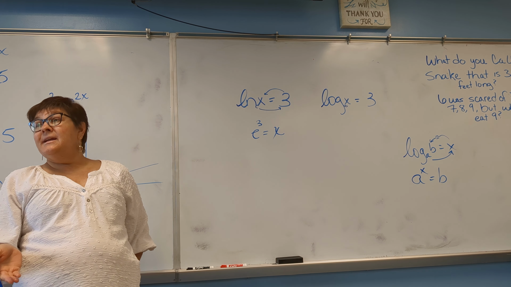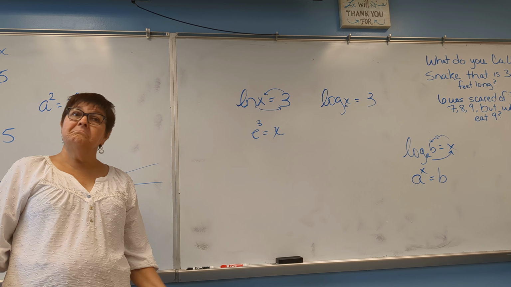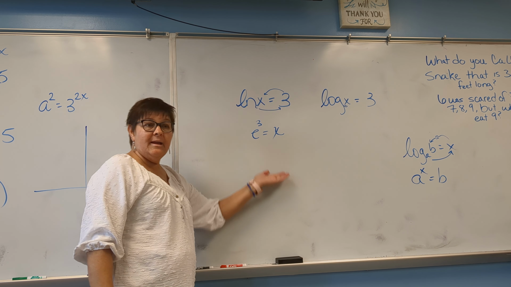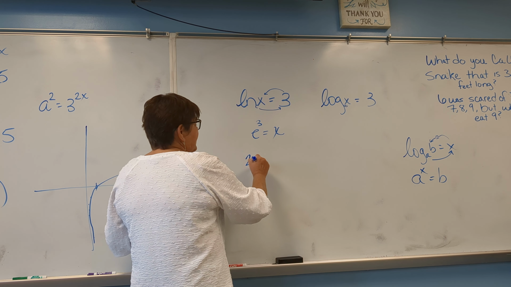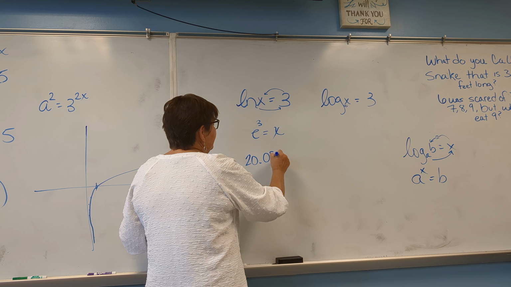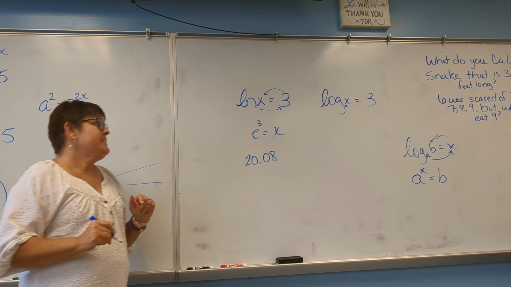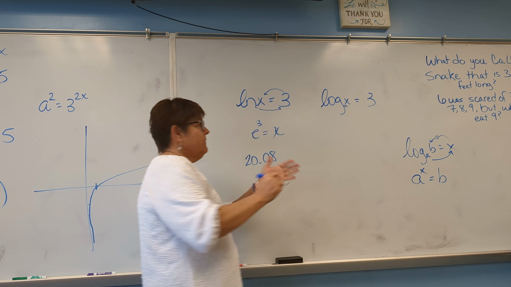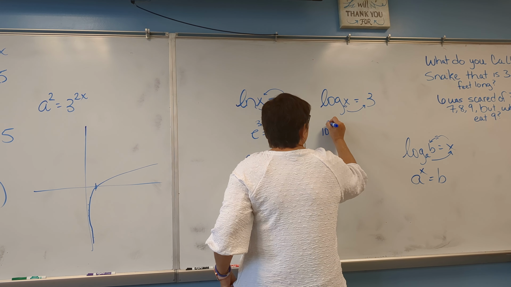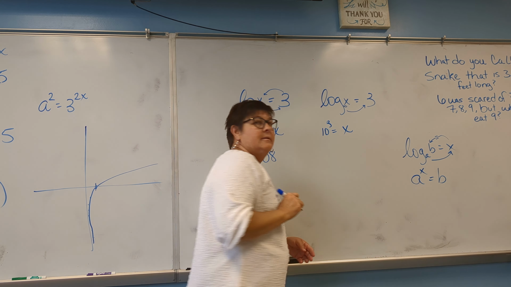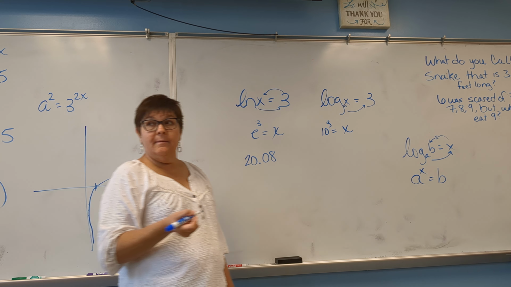Can you plug E to the third in your calculator? Sure. And that would be your answer. What is it? 20.08. Okay, same thing over here. We're going to go 10 to the power of 3 is x. 1,000, right?